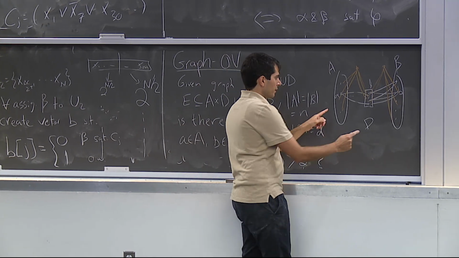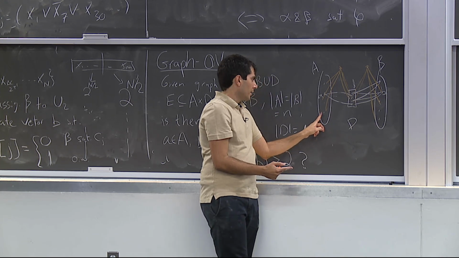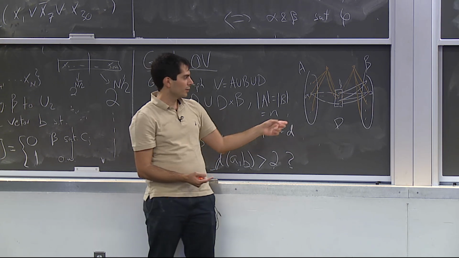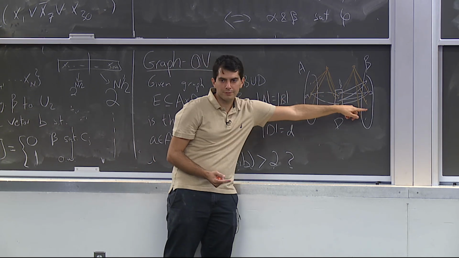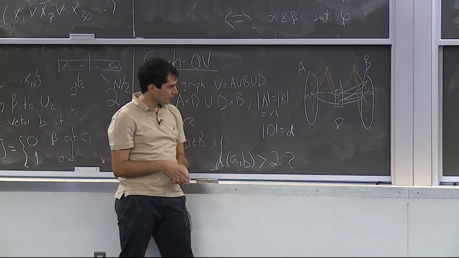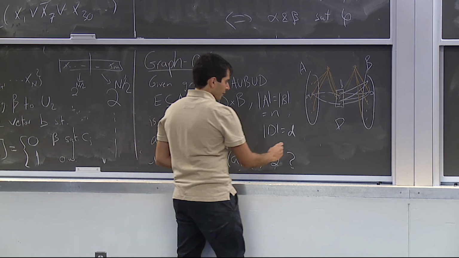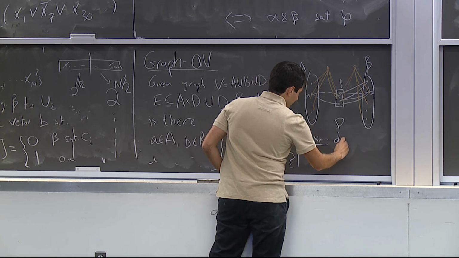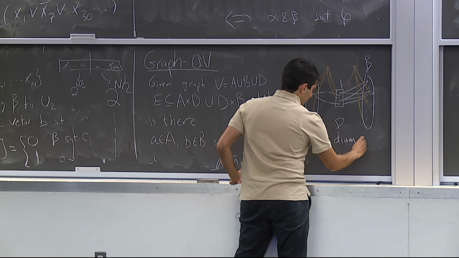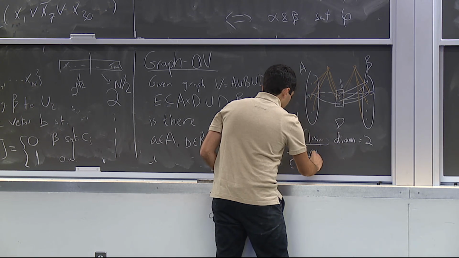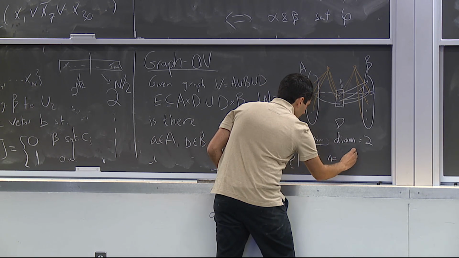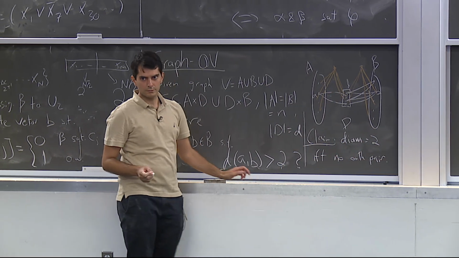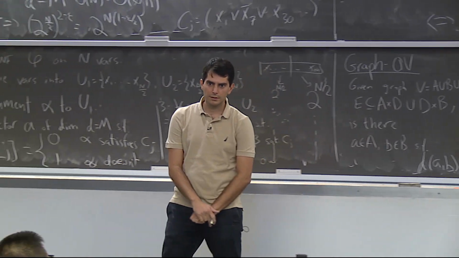The distances we care about are from A to B. And the orange edges don't help you get from A to B in less than distance 2. If you use an orange edge, the distance will be 3 to go from A to B. So the claim is that the diameter is 2 if and only if there's no orthogonal pair. So that's the reduction.